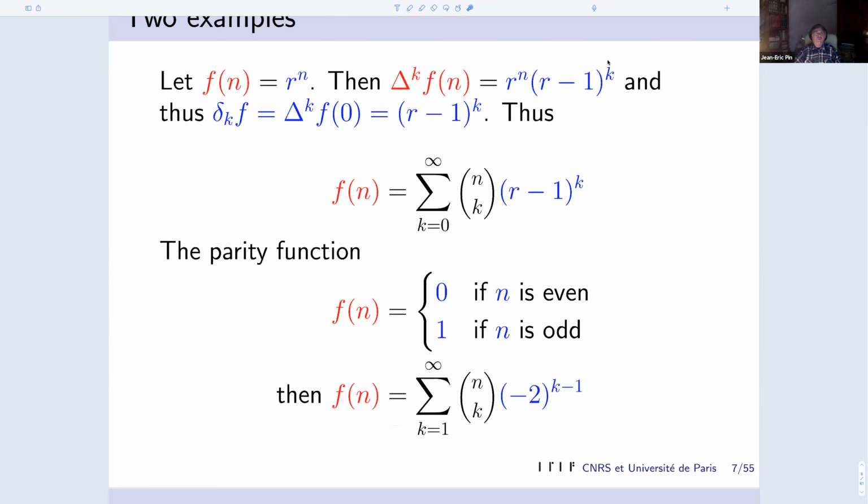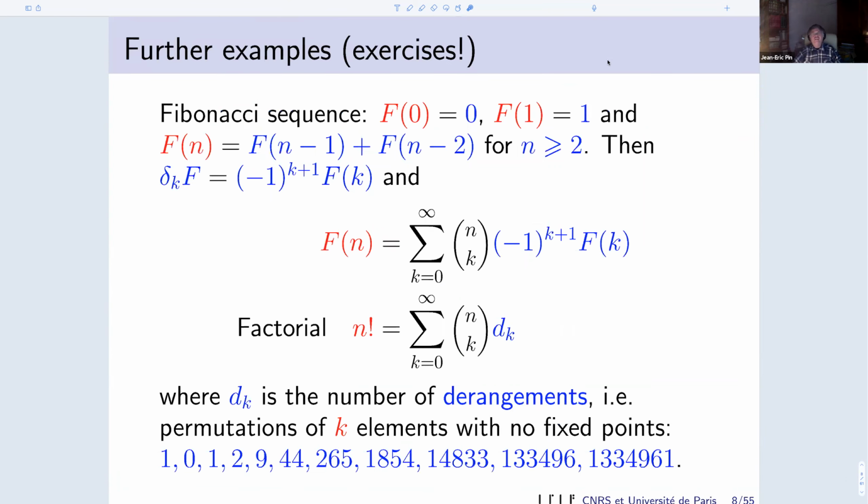I'll give you some further examples just as exercises. I don't intend to detail this that much, but speaking of combinatorics, of course, you have to talk about the Fibonacci sequence at some point. So here it is. If you start with the Fibonacci sequence, it turns out that the delta k of f are themselves Fibonacci numbers up to a sign, and you get this formula, f of n over there.